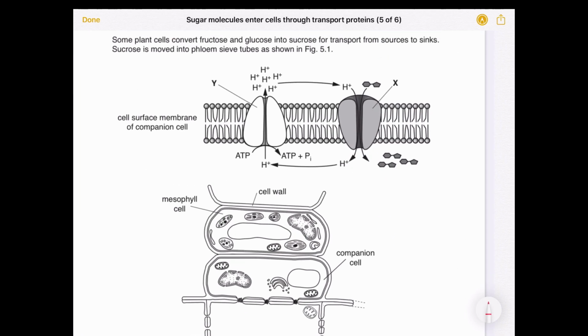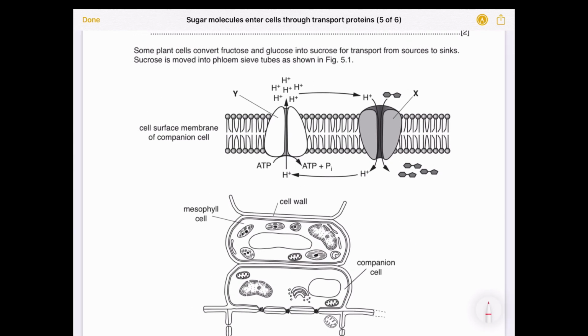Then looking at this diagram, okay, so sorry, it looks complicated, but carefully identify where is the sieve tube, where is the companion cell, and where is the source. So what cells are they showing? They say that sucrose is moved into the phloem sieve tube as shown. So where is the sucrose? So this is a companion cell.